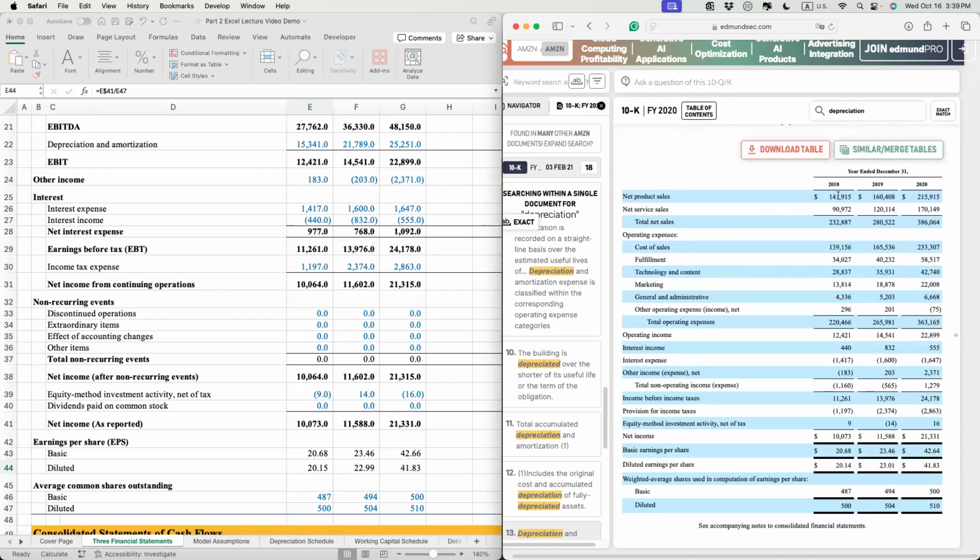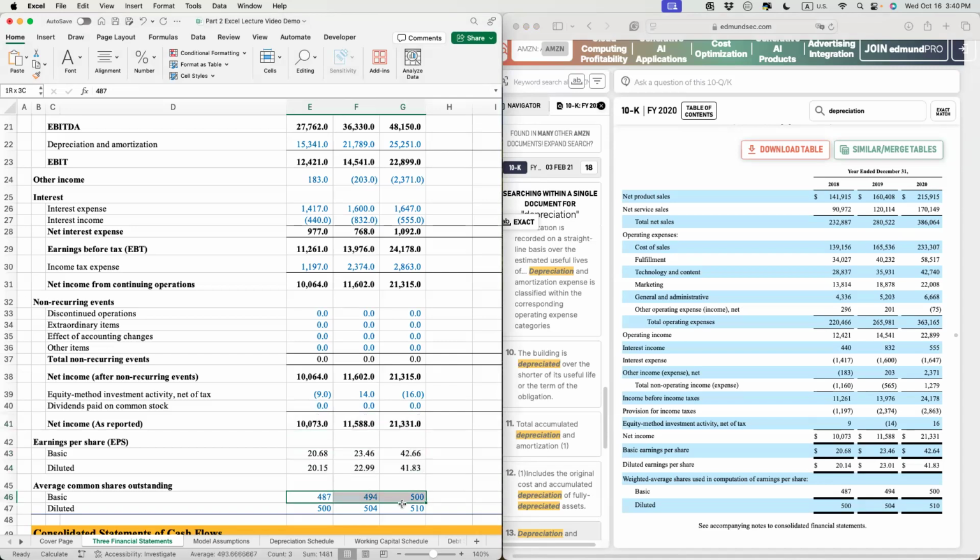For their net product sales, it may not be exactly $141,915 million. There might be additional digits which cause the earnings per share to change a little bit. But again, it doesn't matter. Whether you end up with exactly the same one or a slightly different one, you do need to calculate those earnings per share by using your net income and the shares outstanding.